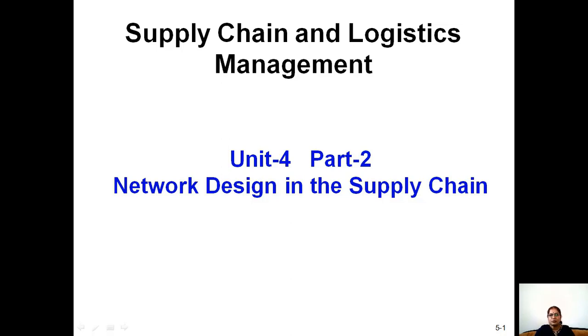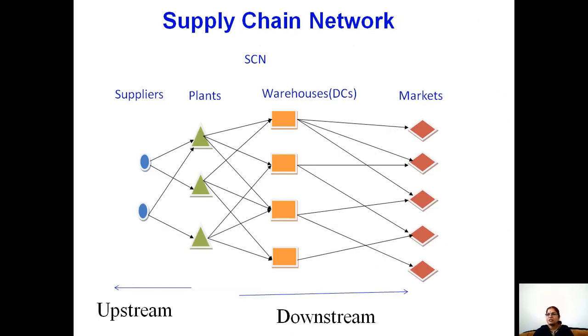We already know that a supply chain consists of all the stages involved directly or indirectly in fulfilling the customer request. It includes customers, wholesalers, distributors, manufacturers, suppliers, and so on.